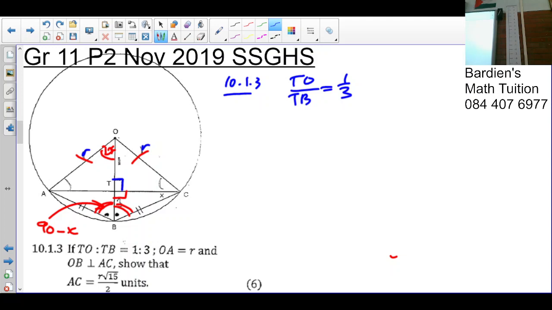If we're looking at AC, AC is this length here. So if we can calculate AT, then I multiply by 2, I'll get AC. Why? The diagonals bisect each other in a kite. We already proved this was a kite. So TO, what is TO?